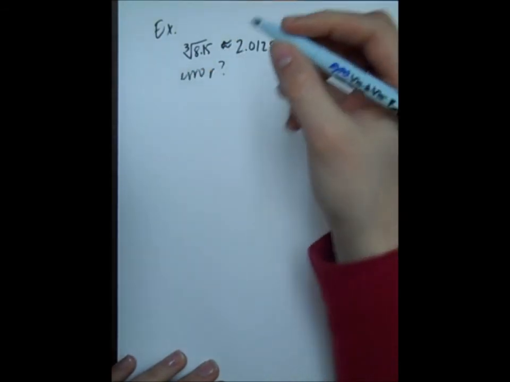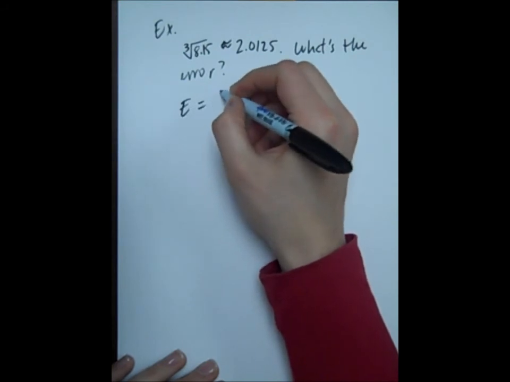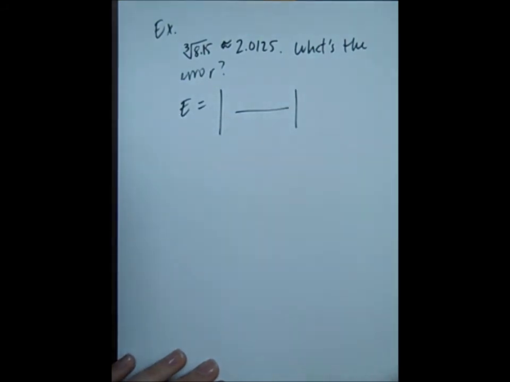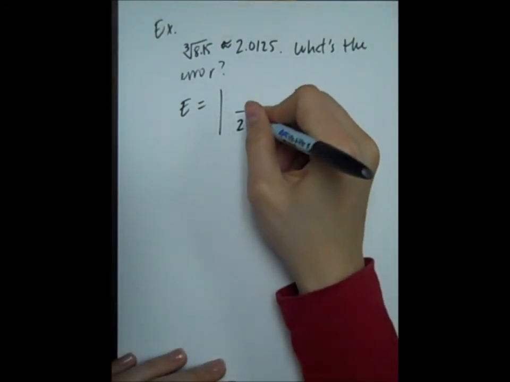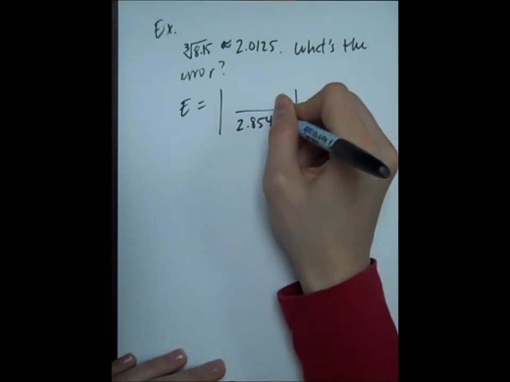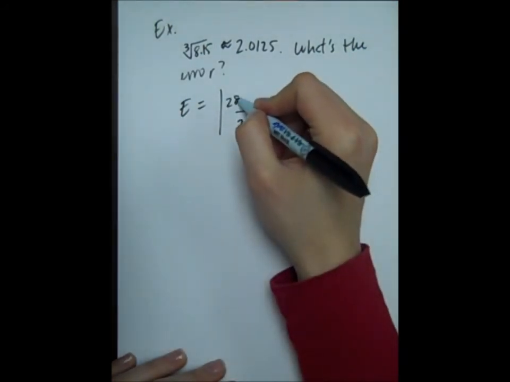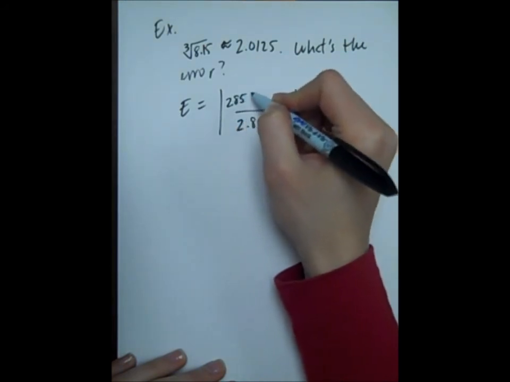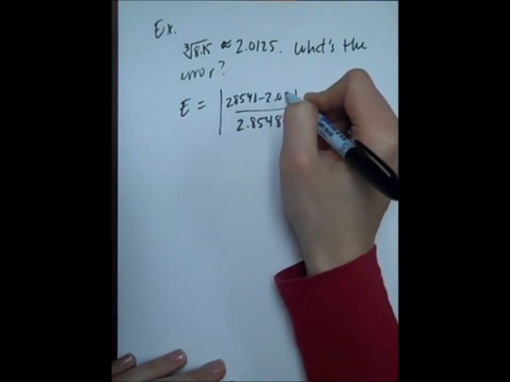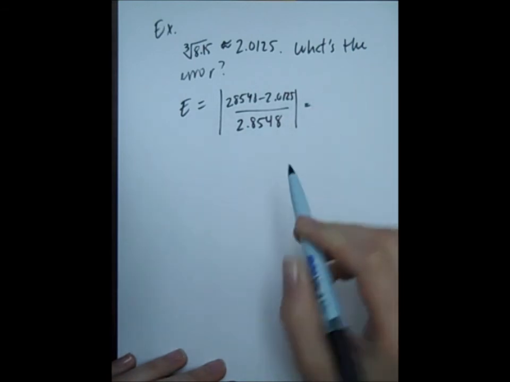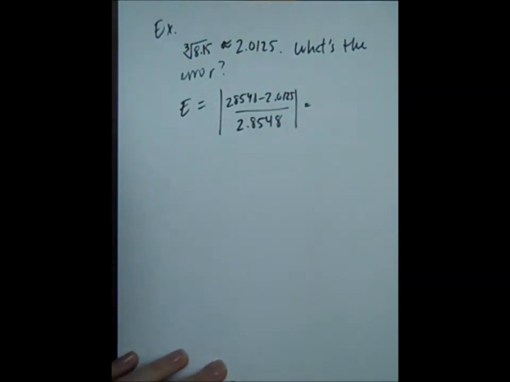So how far were we off? Again, the error is going to use the actual answer. So what is the cube root of 8.15? It's actually 2.8548. The difference that we were off is 2.8548 minus 2.0125, so the real answer minus what we got.